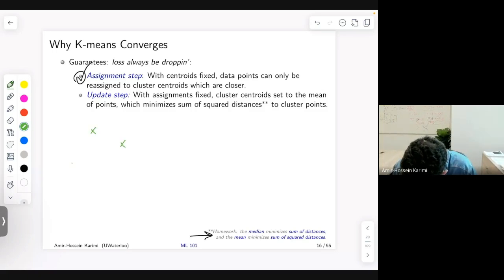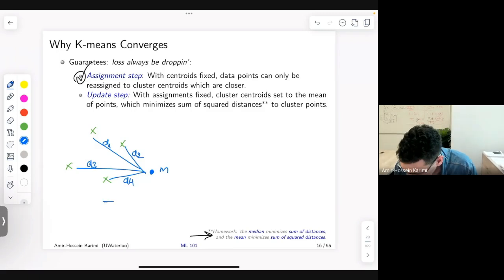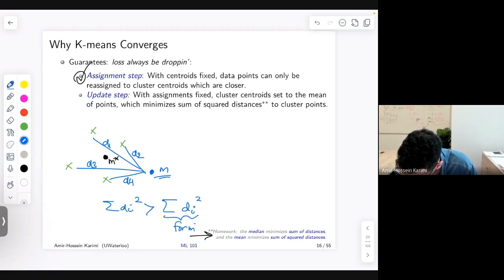If I have a number of points like this, and if I assume a cluster centroid here, then this d1, d2, d3, and d4, sum of di squared for this m, and any m other than the m which is the mean, is going to be larger than sum of di squared for m star.